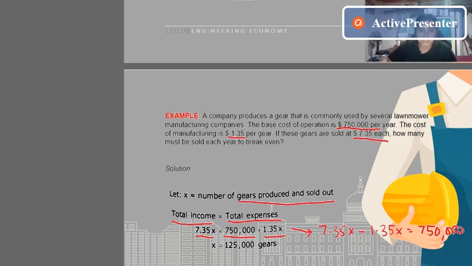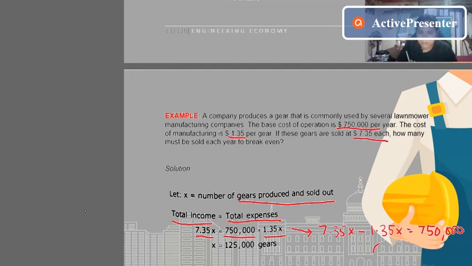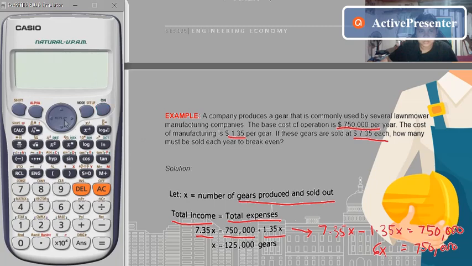So we calculate: 7.35 minus 1.35 gives 6x equals 750 thousand US dollars. Solving for x, we divide 750 by 6. So our x will be 125,000 gears.